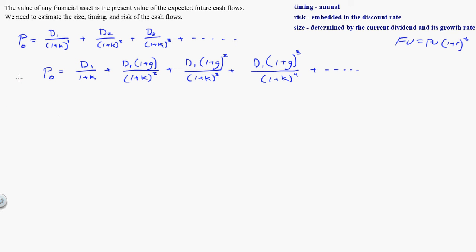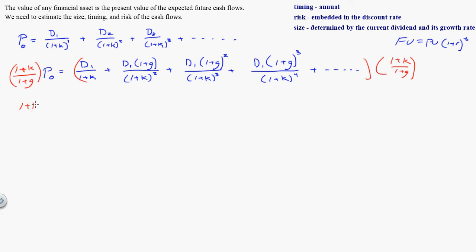Well, somebody's already figured out a way to make the algebra look a little bit better and make a shortcut to this. We'll multiply both sides by 1 plus K over 1 plus G. If I do it to this side of the equation, I have to do it to this side of the equation. So what's that going to look like?